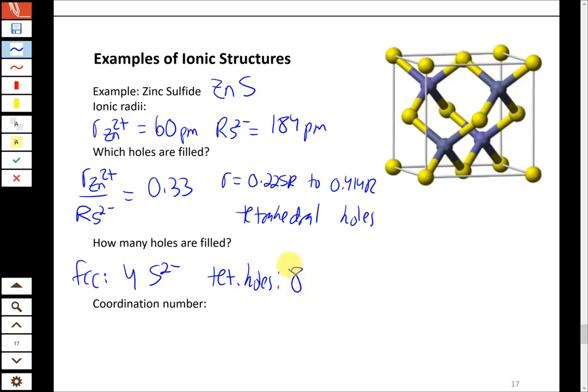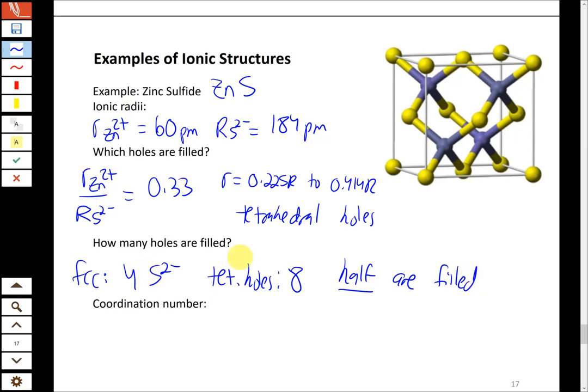So in this case, though, we need equal numbers of cations and anions. So if we filled all the tetrahedral holes, we'd have 8 cations and only 4 anions, but they need to be the same. So for this structure here, we're only going to fill half of the tetrahedral holes. So it is very much possible in some of these structures that you don't fill every single hole. You just fill the number that you need to fill to be able to balance the charge.